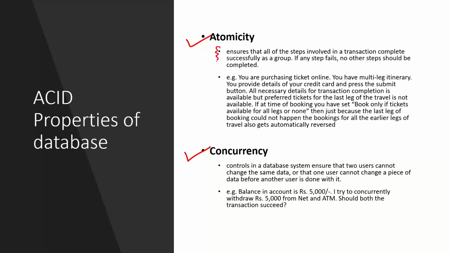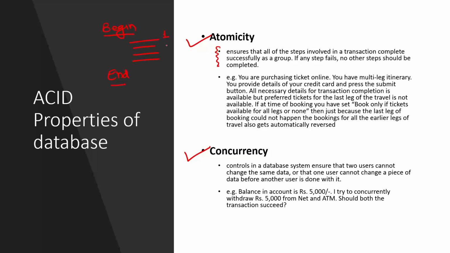Atomicity ensures that all of the steps involved in a transaction complete successfully as a group. If any step fails, no other step should be completed. In simple words, you are writing some SQL queries in a stored procedure between begin and end. You have written SQL query 1, 2, 3, 4.